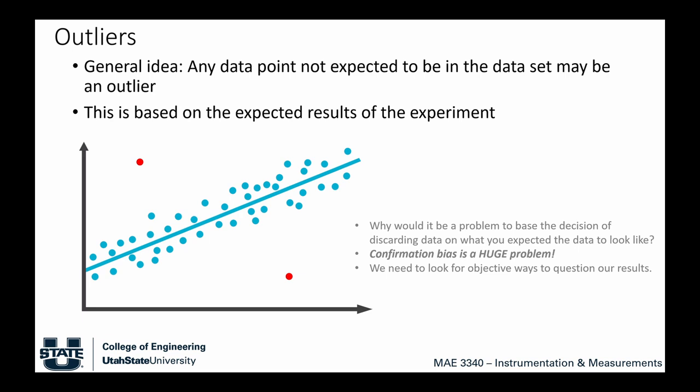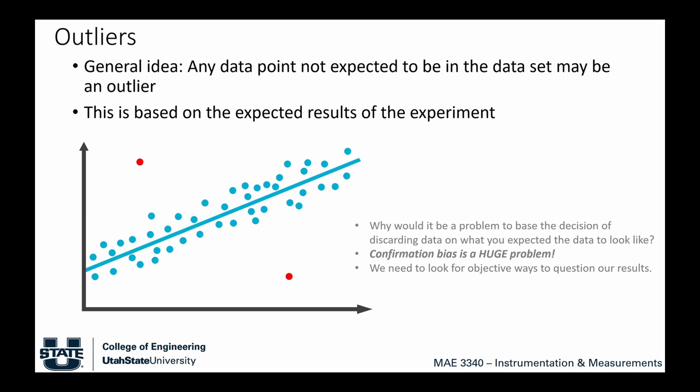This note is really important. Confirmation bias is a huge problem. You could zoom out and say confirmation bias in our personal lives is a huge problem. But when we're talking about data, these data points are very clearly outliers. But what if we suspected a data point, maybe we were confirming, we just see this trend and we're like, well, it would be really convenient if we threw this data point out because then my data would fit a lot better.